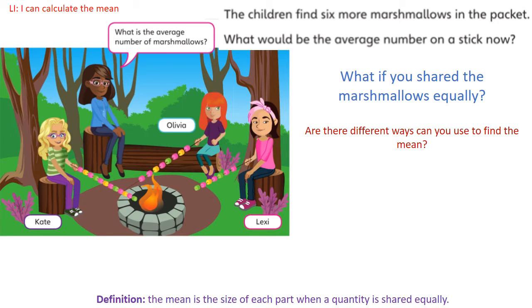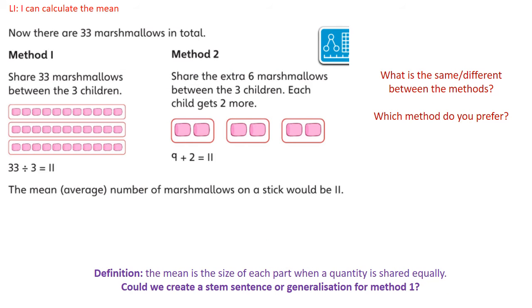So the children find 6 more marshmallows in the packet. What would be the average number on a stick now? So we've got to think about, again, sharing those marshmallows out equally. There's 2 ways that we can do this. I'm going to actually do method 2 first.